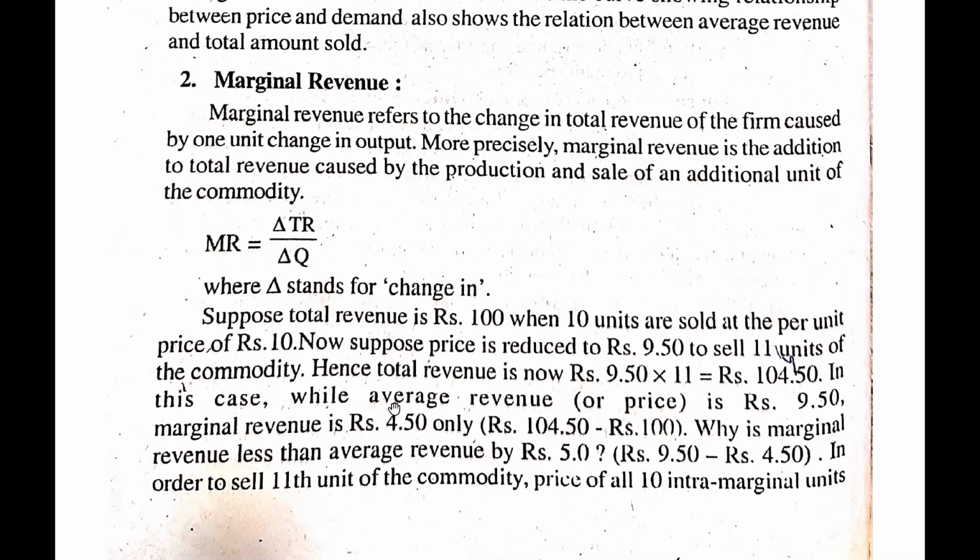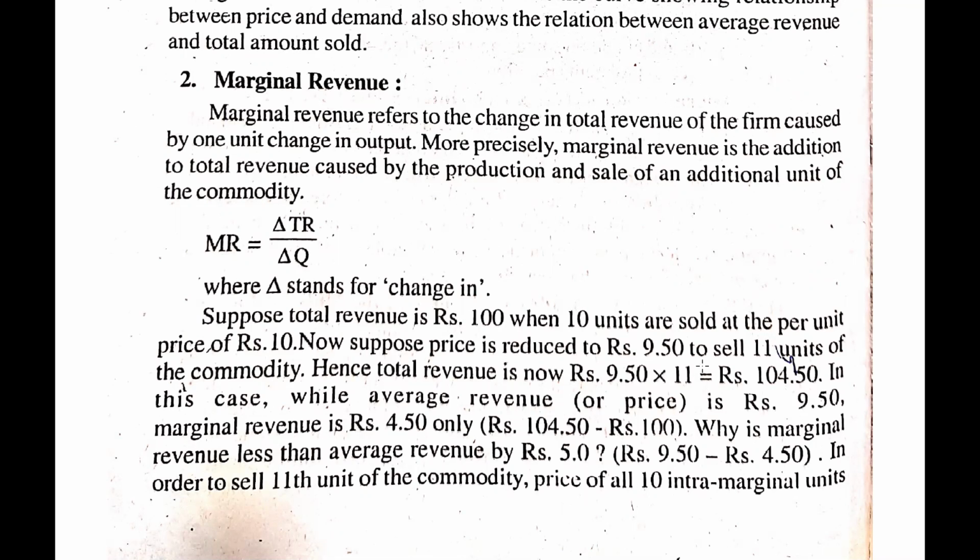In this case, while average revenue or price is 9.50, marginal revenue is 4.50, because I increase one single unit of the sale. See guys, in the before case, I am selling only 10 units at the price of 10, then I will get 100 rupees revenue.